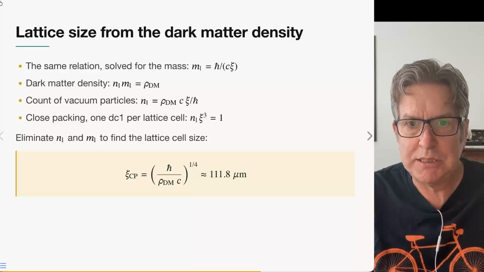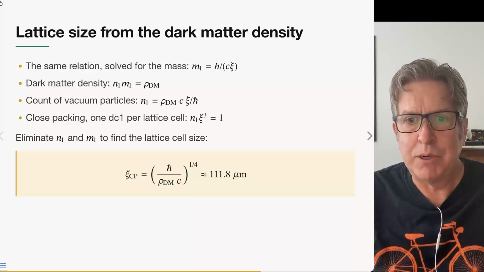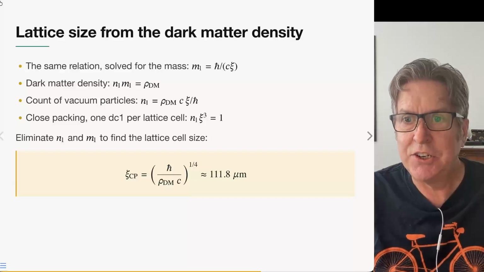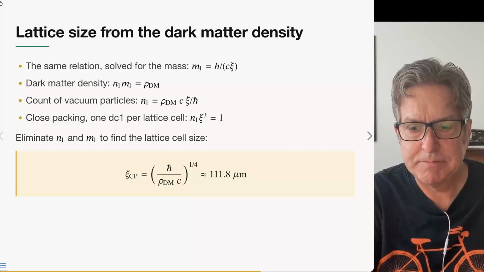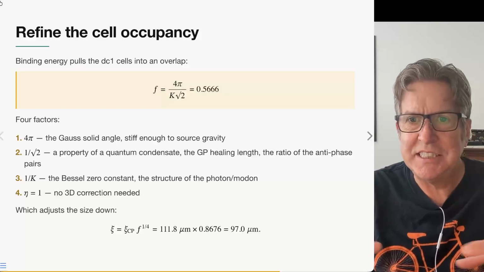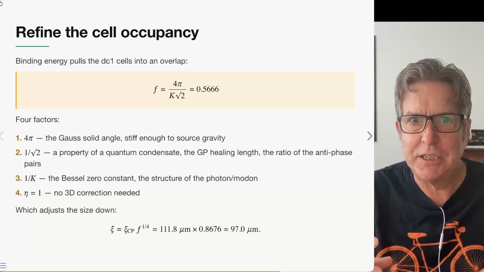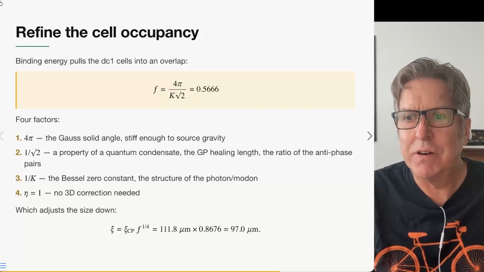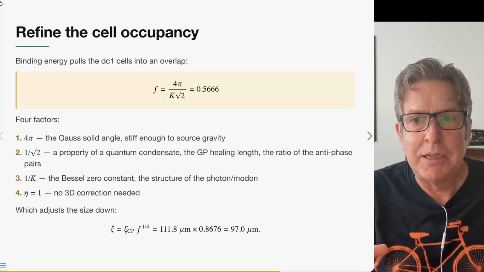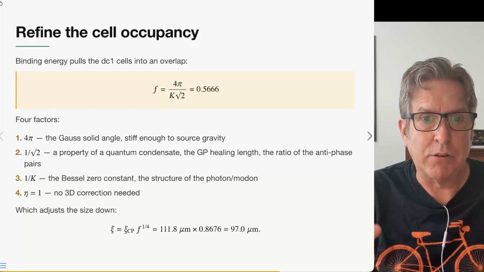So using 1 DC1 per lattice cell to start, we find the lattice size at 111.8 micrometers. But the binding energy of the substrate means that DC1 cells overlap each other, which makes that size an overestimate. So the geometric prediction accounts for DC1 cells overlapping the lattice cells, and the accurate size is 97 micrometers.